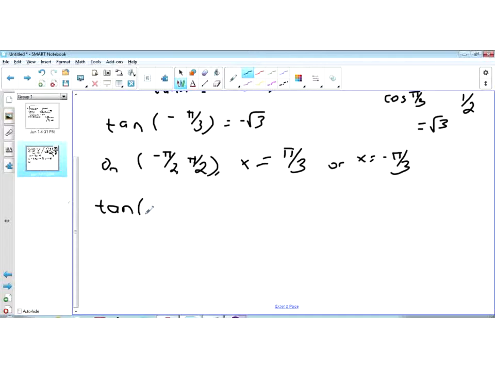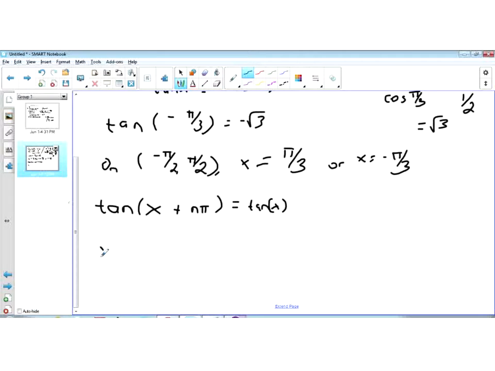Now, what if we want the solution to the original equation on the entire x-axis? Well, we know that the tangent function is periodic with respect to integral multiples of pi. So the tangent of x plus n pi is simply equal to the tangent of x. Since x is pi thirds, we can add integral multiples of n pi to pi thirds or to negative pi thirds.